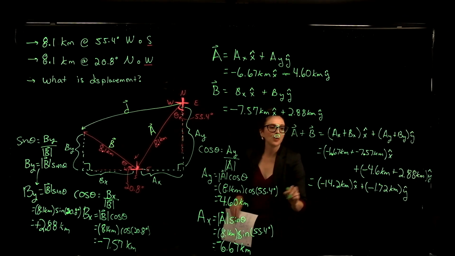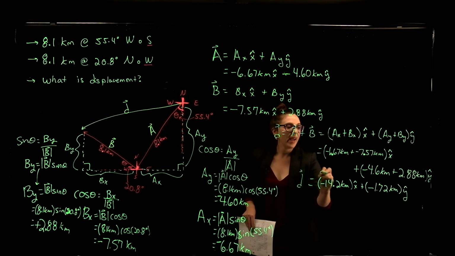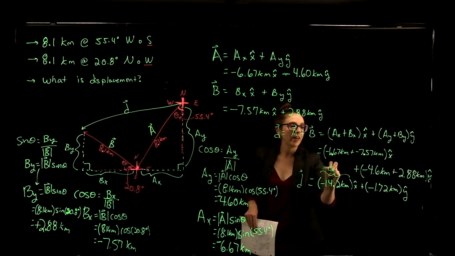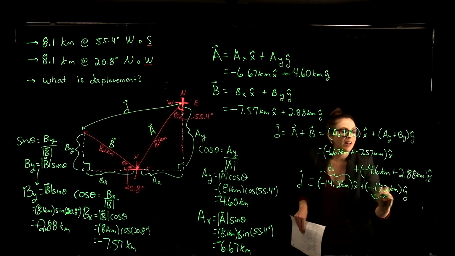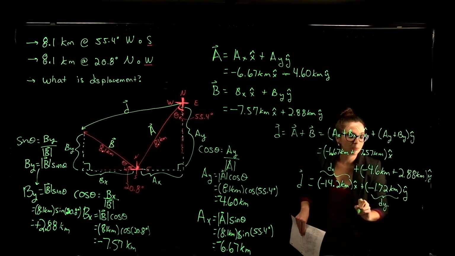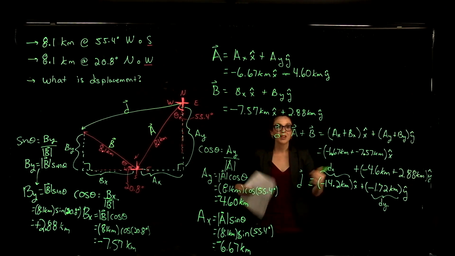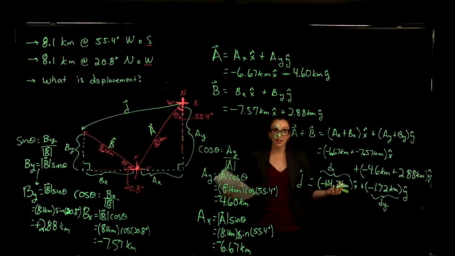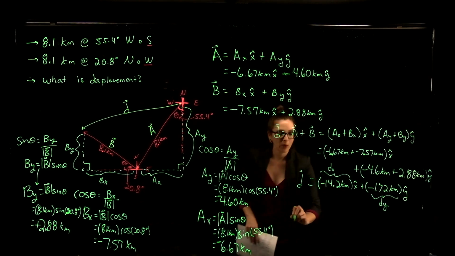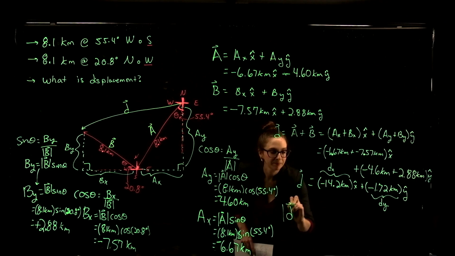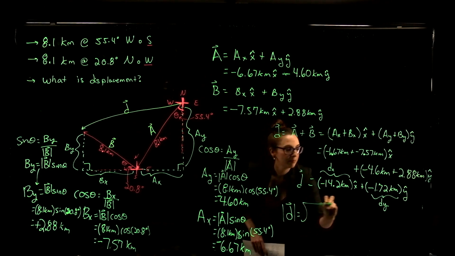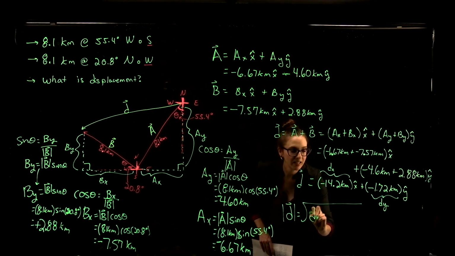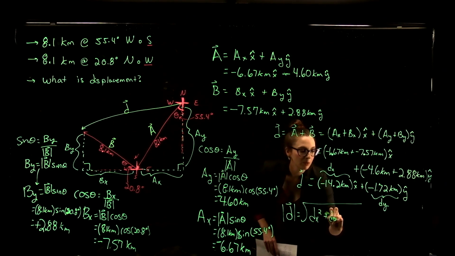Okay, so then my x component of the d vector, we could call that dx. The y component of my displacement vector, we can call that dy. So the magnitude of this displacement is going to be our Pythagorean theorem. It's going to be the square root of dx squared plus dy squared.